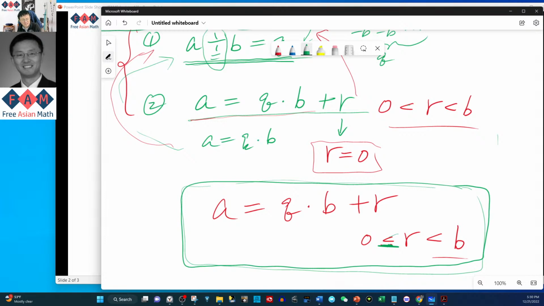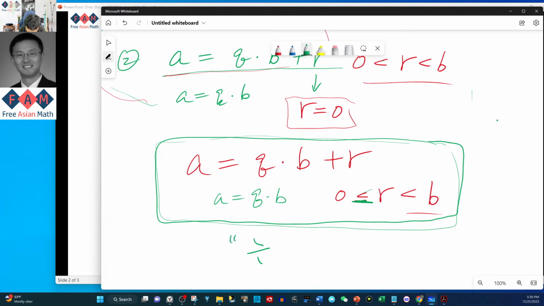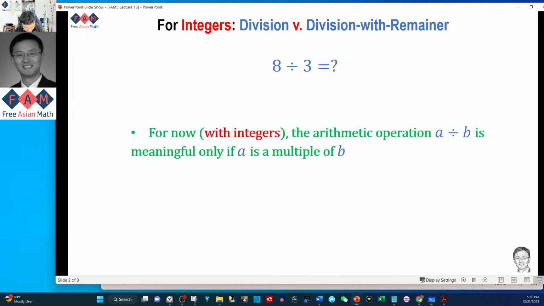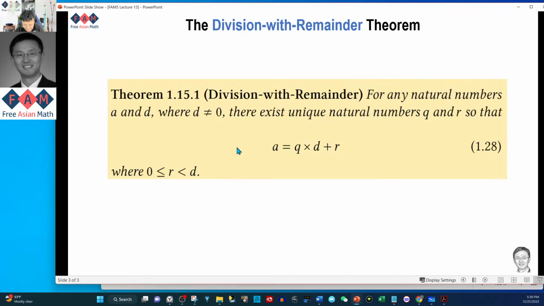And if the remainder is 0, then this is actually A equals Q times B, and we know in this case we can use this division operation so that A divided by B equals Q. And this last expression turns out to be an extremely important concept in mathematics, and we call this the division with remainder theorem.